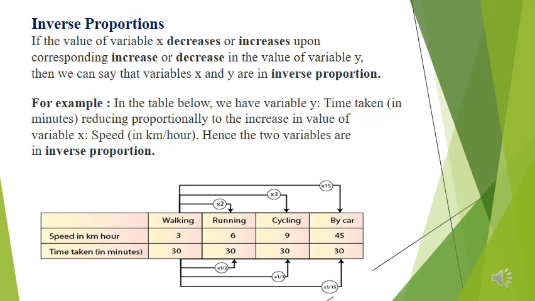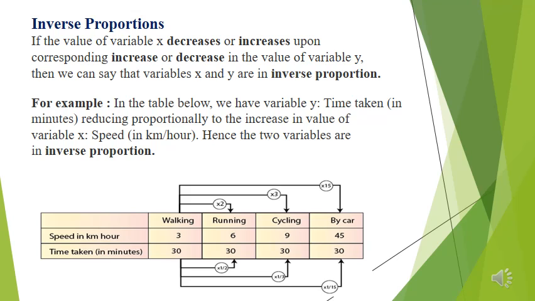When we cover some distance by walking, we cover 3 km and take 30 minutes. But when we cover distance by running, in the same span of time we cover more distance.